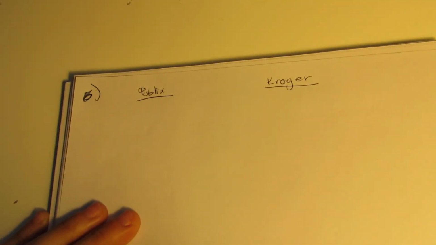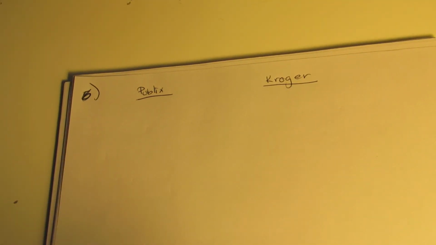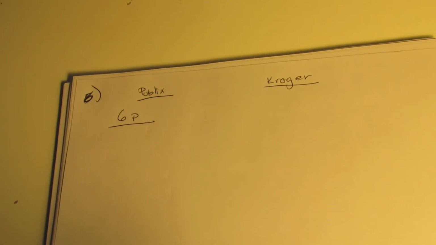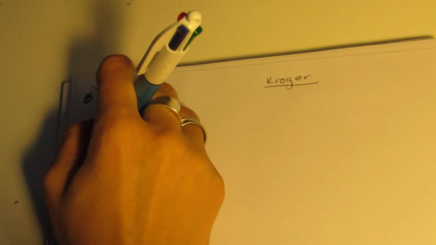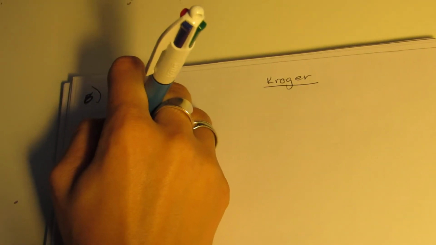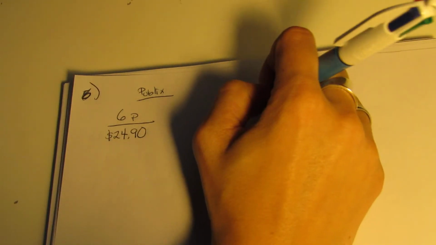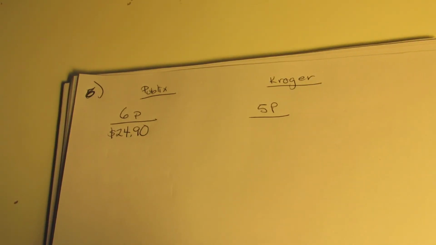The ratio it gives you for Publix is 6 frozen pizzas for $24.90. Kroger's comparison is 5 frozen pizzas, 5P, over $21.